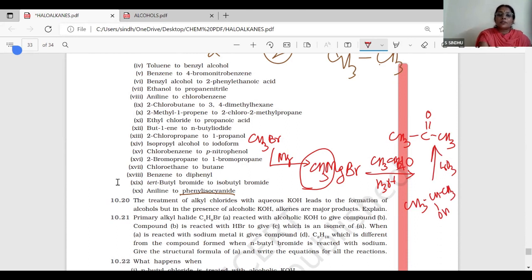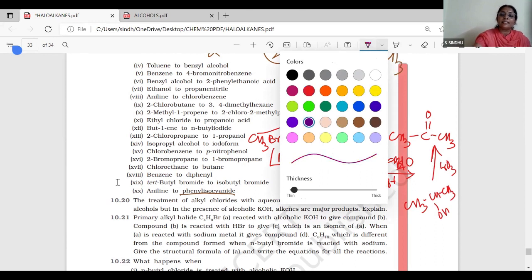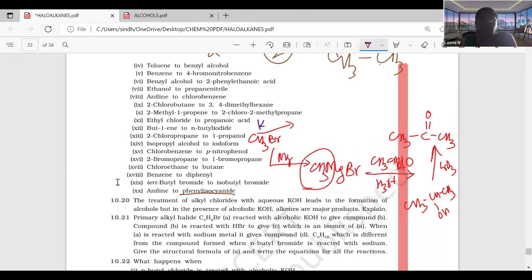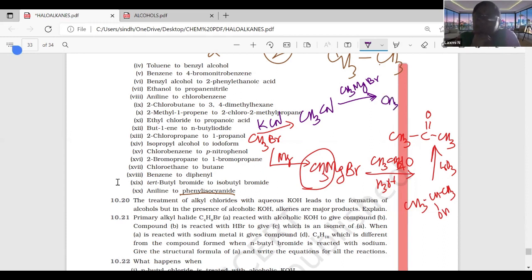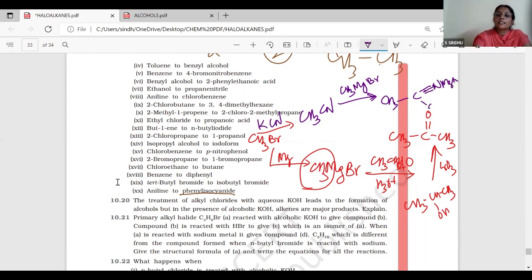And also, can we go in through nitrile? Yes, we can go through nitrile. If we treat with potassium cyanide or sodium cyanide, this is converted to CH3CN. And this one, if we treat with Grignard reagent CH3MgBr, if I show all the steps, it'll be C triple bond NMgBr, and this will be CH3.